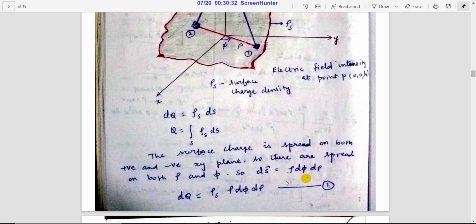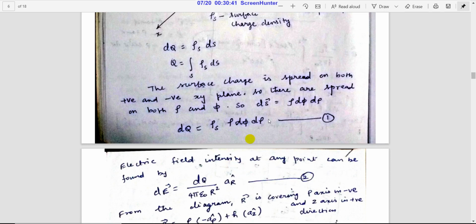So we get the surface element as rho into d phi into d rho. If we substitute this for ds, then rho s into rho into d phi d rho will come.